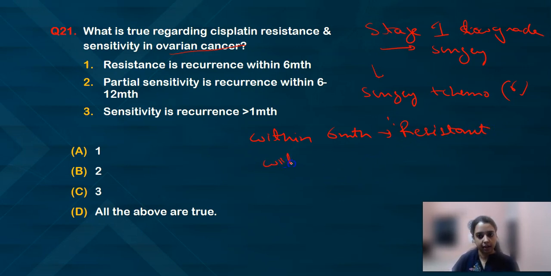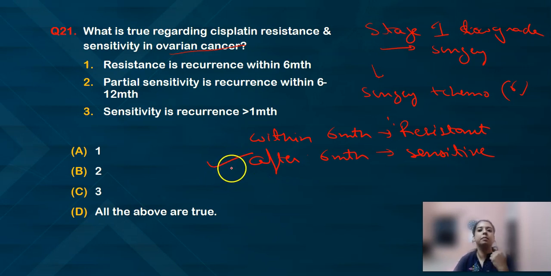If the patient relapses after 6 months, not within 6 months, it means it was sensitive. It relapsed, but after 6 months, so it means sensitive. In that case, the prognosis is better and you can again give a cisplatin based chemo. But in the resistant case the prognosis is very bad and you have to think of some other agent.